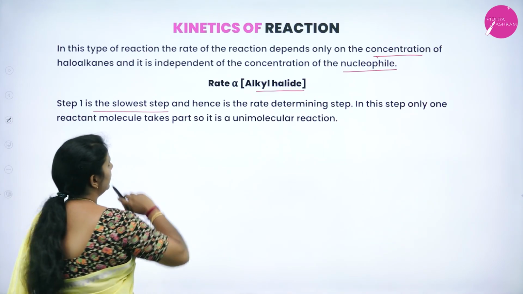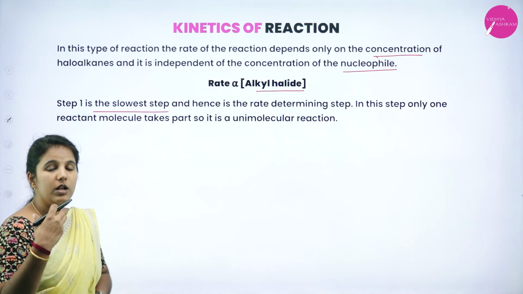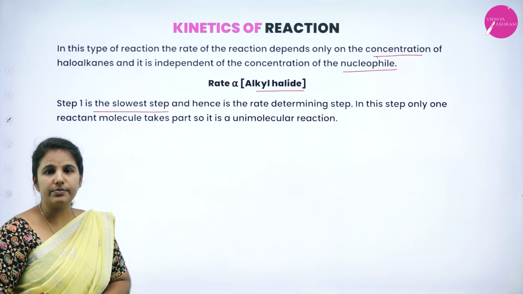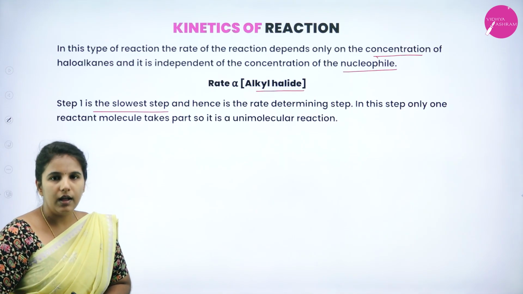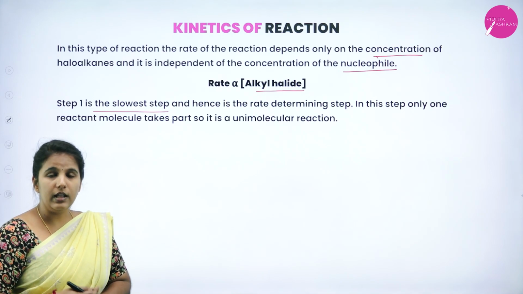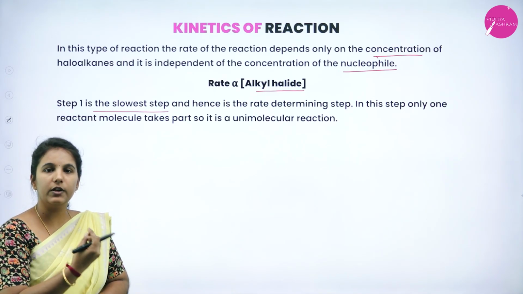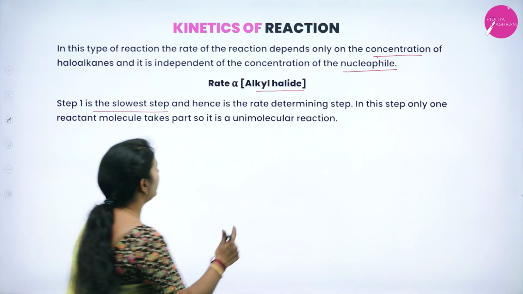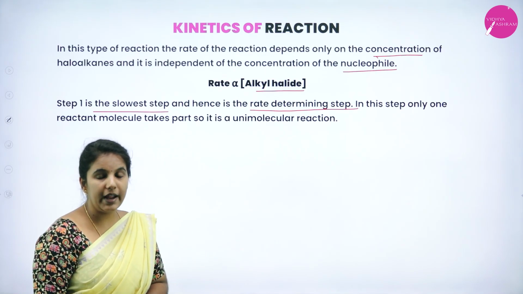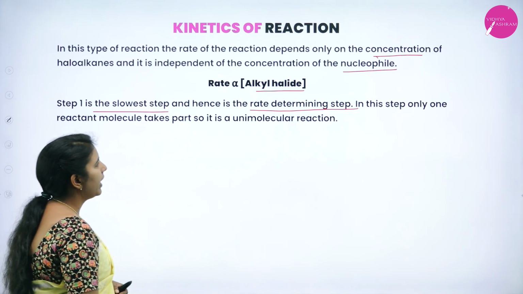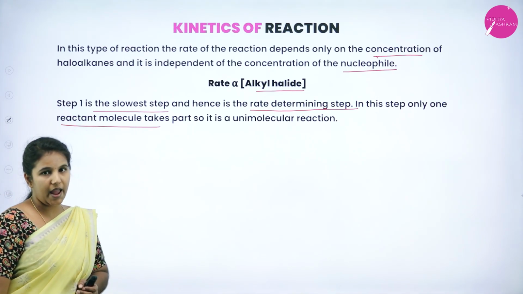The step 1, we know that it is the slowest step, where our tertiary butyl bromide undergoes slow ionization to form a carbocation as well as a halide ion. We know that if a reaction is going very slowly, we say it is the rate determining step, right? In this step only one reactant molecule is taking part in the reaction.